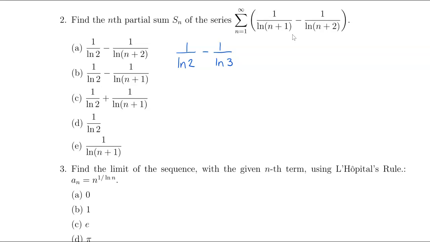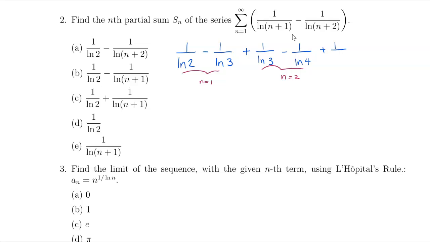That is when n is equal to 1. Next, when n is equal to 2, you will have 1 over ln of 3 minus 1 over ln of 4. So this is the case when n is equal to 2.